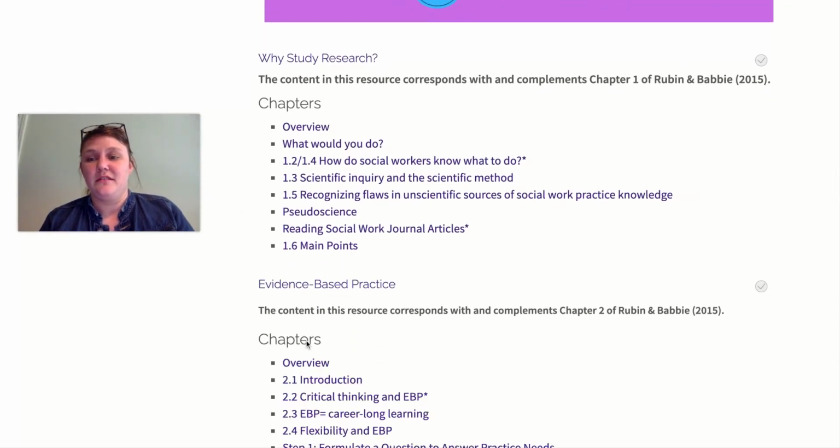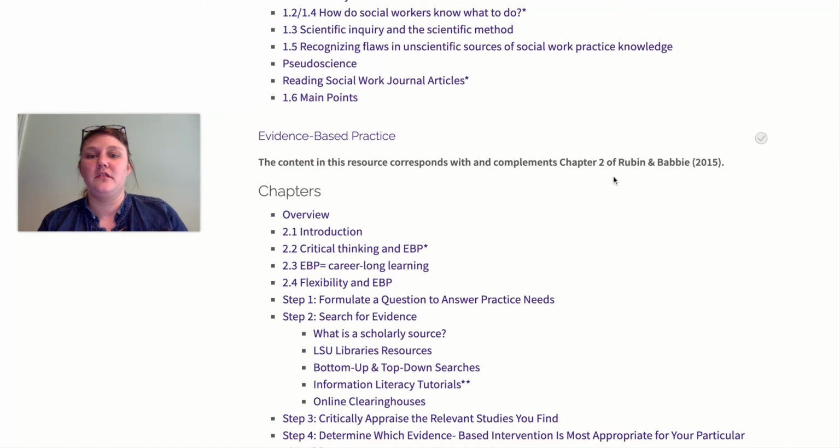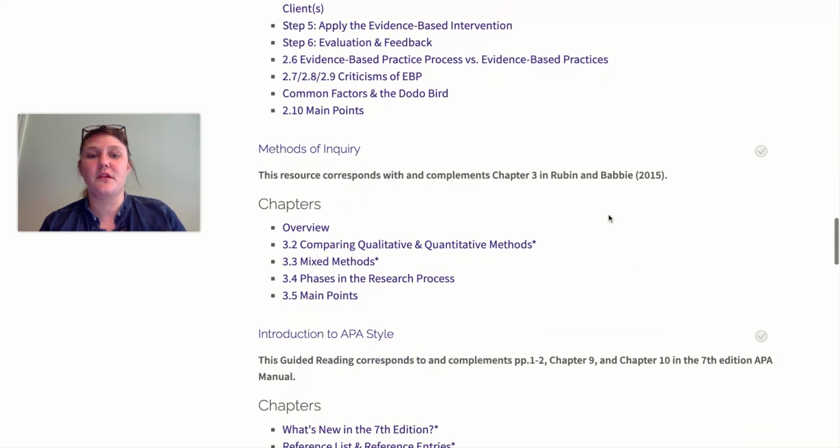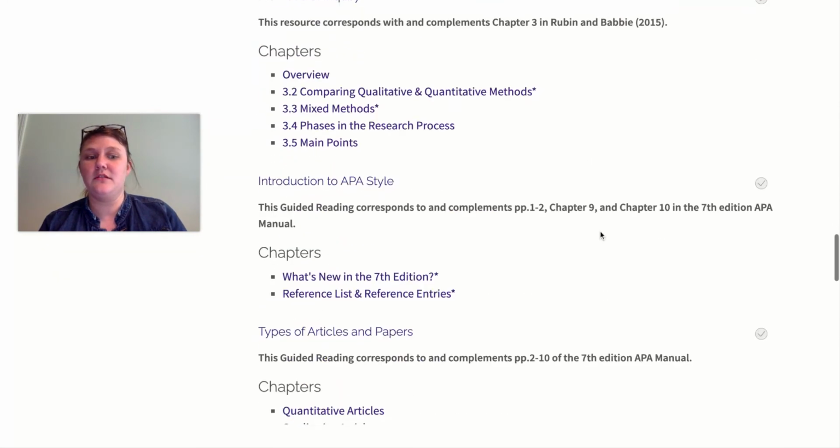And in week 1, we have 4 different guided reviews. The first one is Why Study Research. You'll also see that the resource corresponds with chapter 1. The second is Evidence-Based Practice, which corresponds with chapter 2. Methods of Inquiry corresponds with chapter 3.